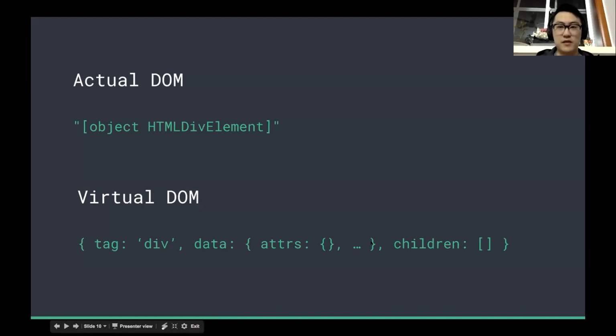And then it has a children property, which is just an array of more virtual nodes inside of it. So this is basically a virtual node. A virtual node can obviously contain more virtual node children, and when they form a tree, they become a virtual DOM tree. That feels kind of similar to the actual DOM tree, but is much more lightweight.